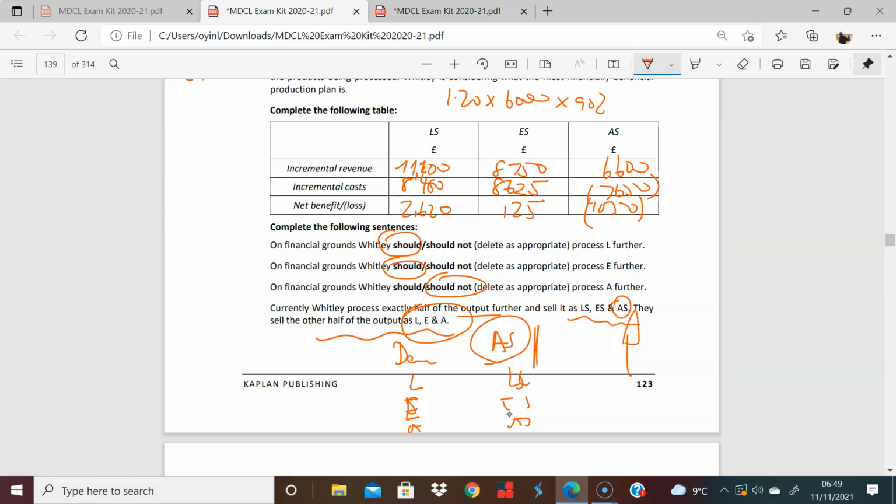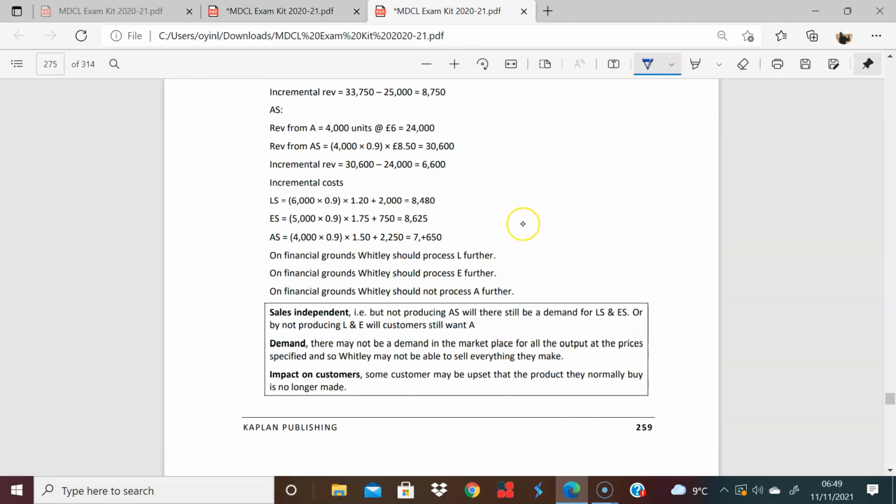Then you lose the customers of L and E because you're no longer stopping, you're going through the entire process. So it's really about demand. You're looking at the demand, trying to offset who's going to be upset and whether or not you have enough supply. Do you have enough demand because you're now going to be producing a lot of LSs and ESs? Do you have enough demand for that? So it's really a question of demand in terms of whether you carry on.